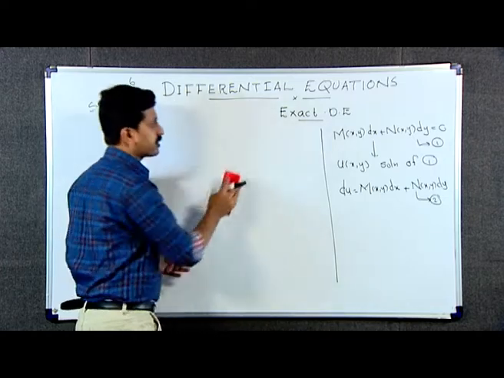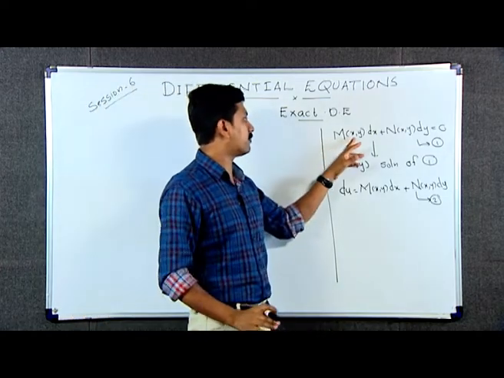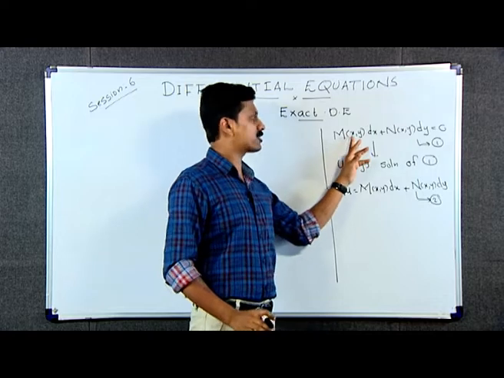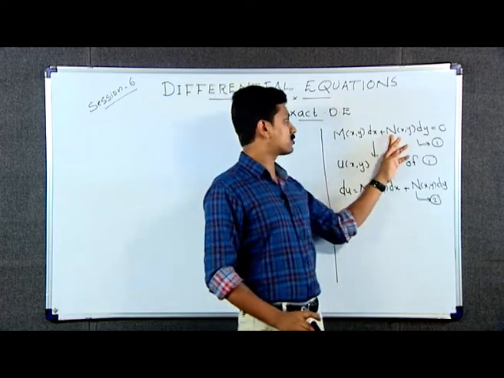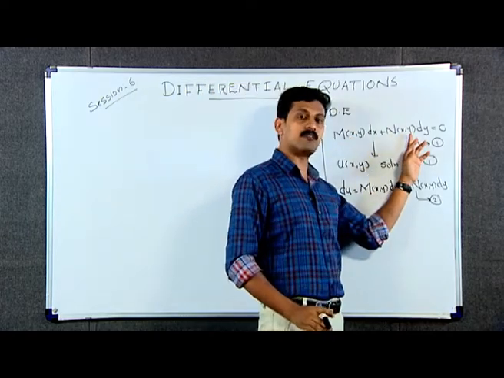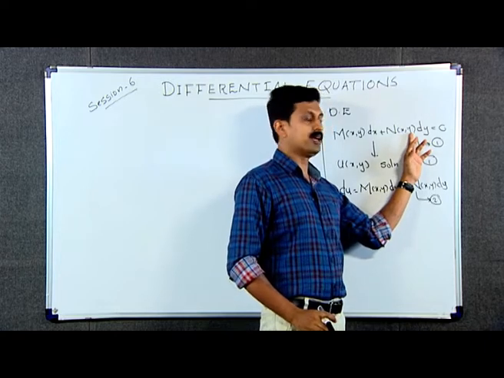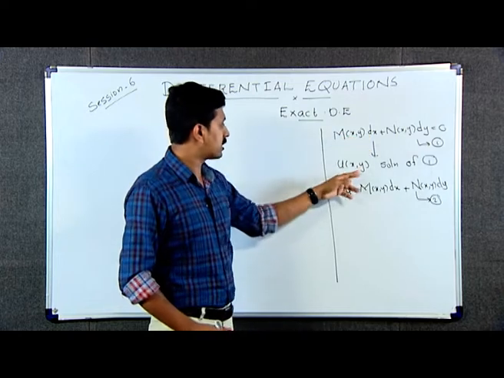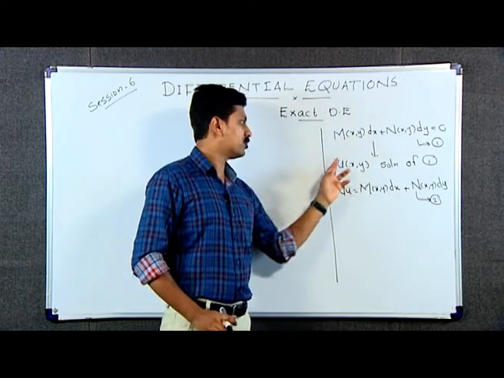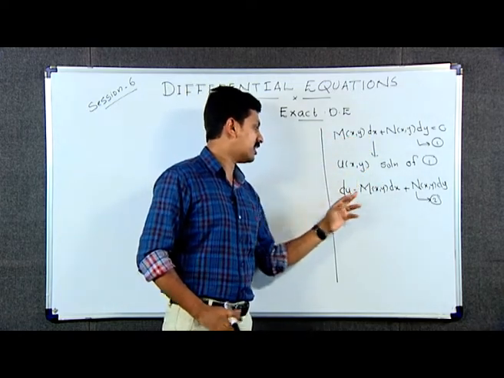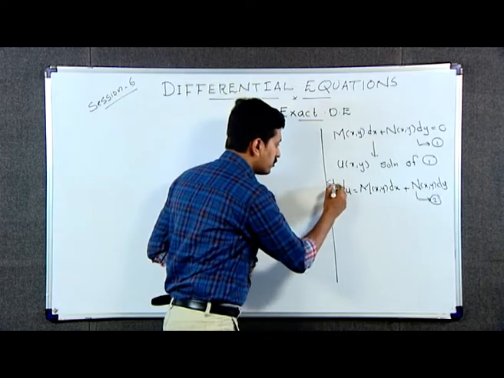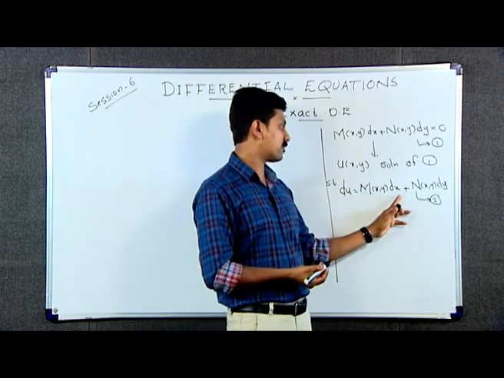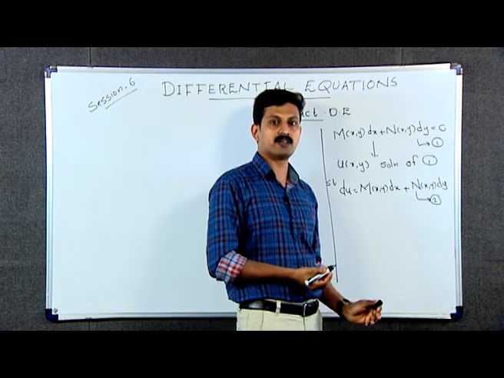Generally, we have taken a differential equation of the type M of x y, a function in x and y, and N of x y, also a function in both x and y. If this type of differential equation is exact, there exists a function u of x y as a solution such that du is equal to M of x y dx plus N of x y dy.